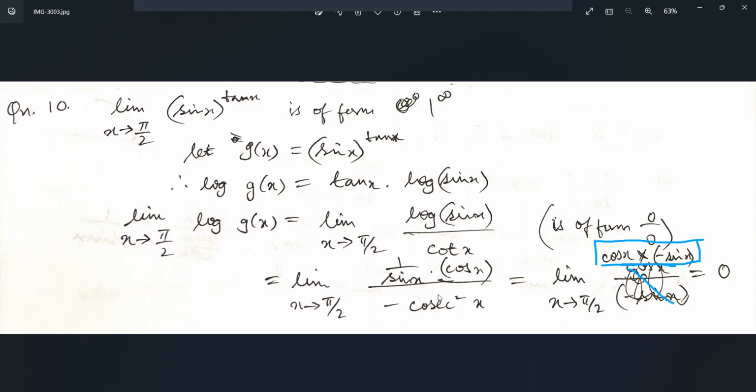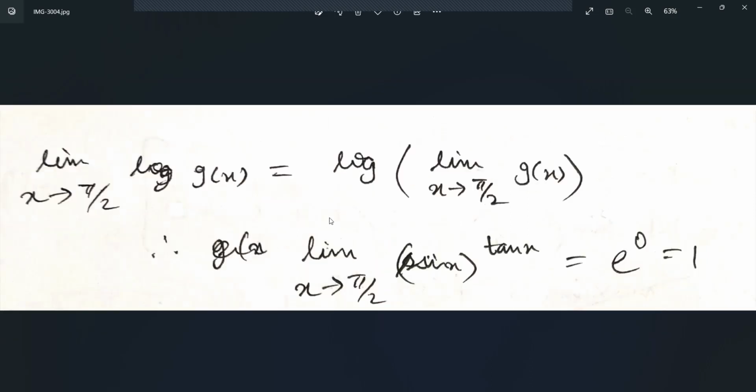Now cosecant is 1 by sin x, so we have sin square x in the numerator, and then after cancelling out, what we get is cos x into minus sin x. Now in the limit pi by 2, it becomes cos of pi by 2 into sin of pi by 2, which is 1 into 0, which is 0.